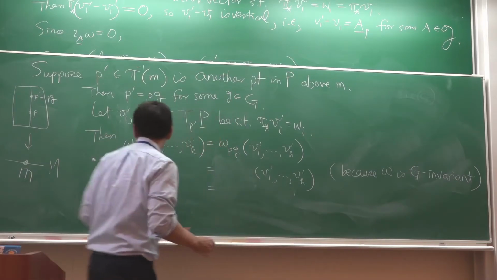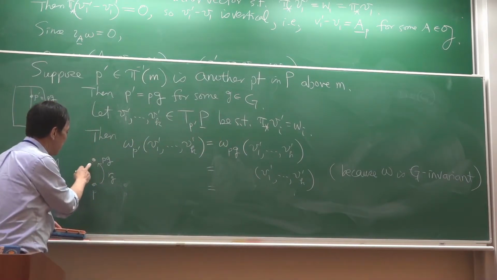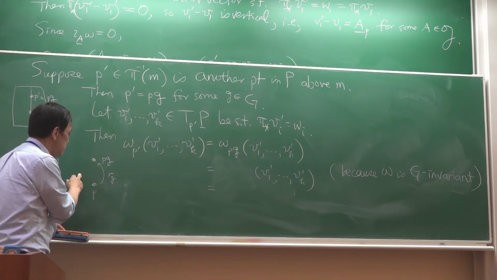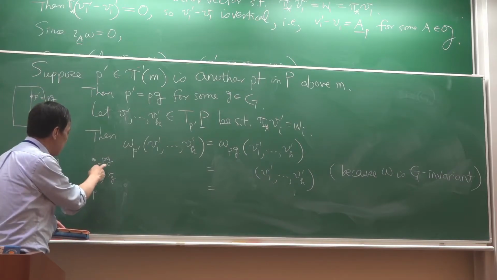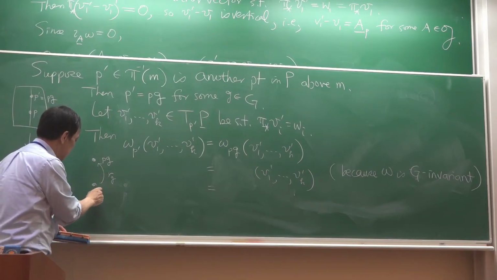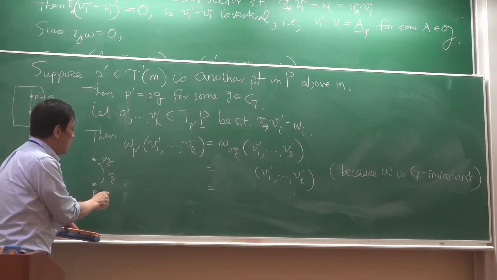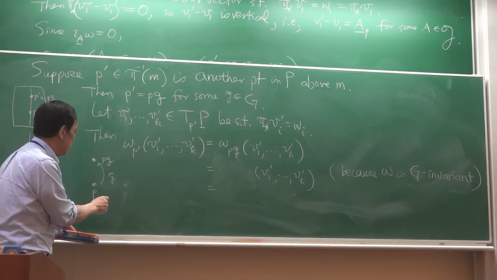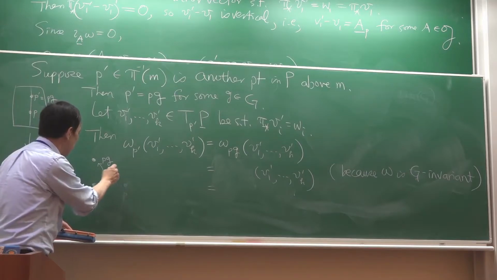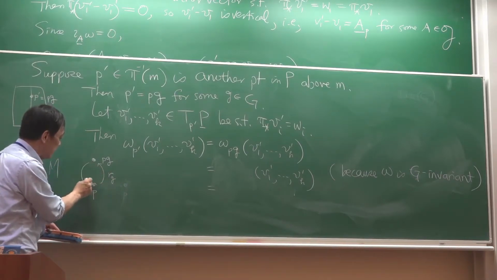Okay? So omega at Pg will pull back to omega at P. So actually, I think I really should be doing this, right?